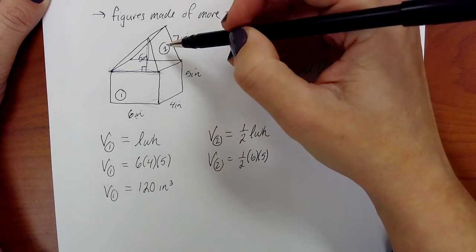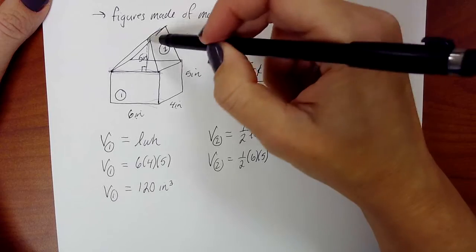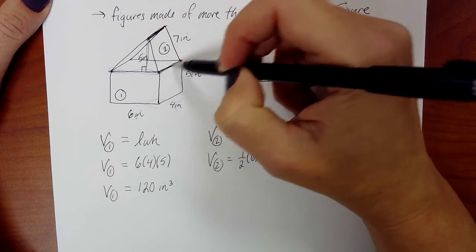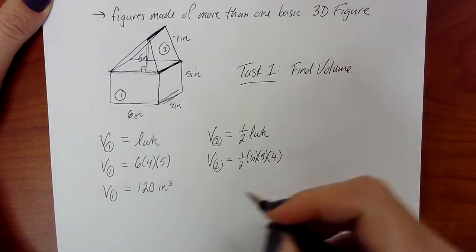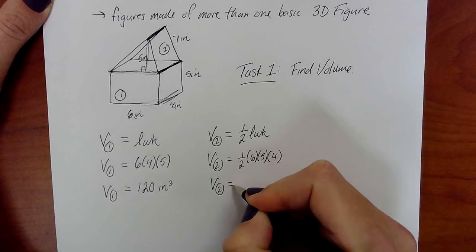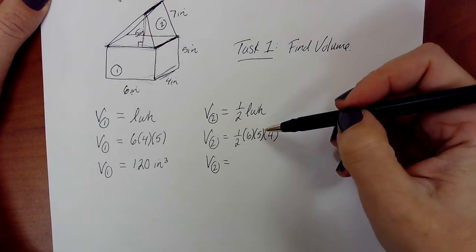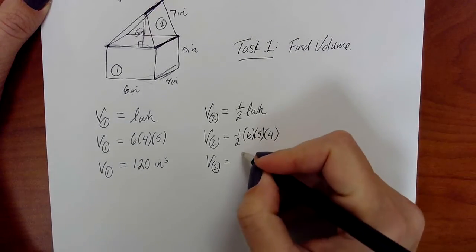The height of the triangular prism is the distance between the bases. So it's this, which matches with this, which matches with this. So it's 4. So you kind of have to look around the picture and make sure you get the right numbers. So what is that? That is 30, 120. Half of it is 60.